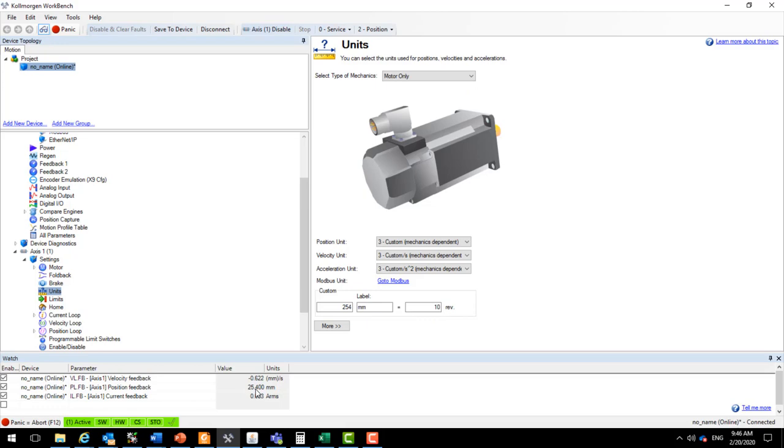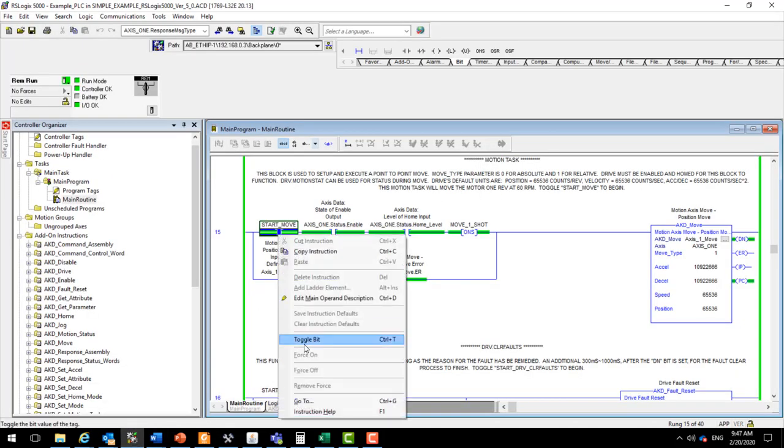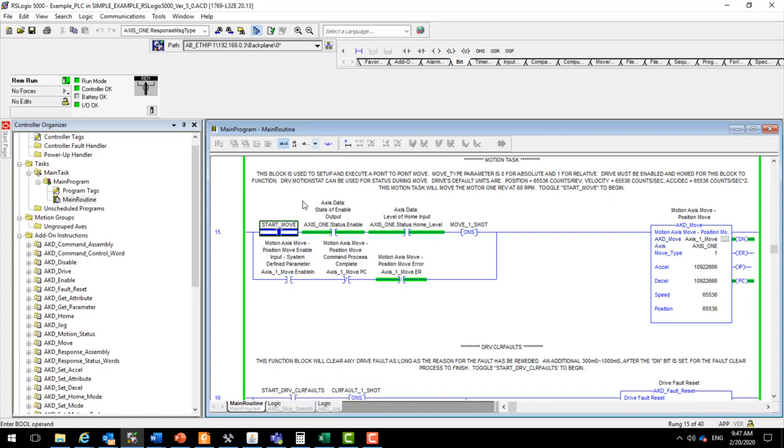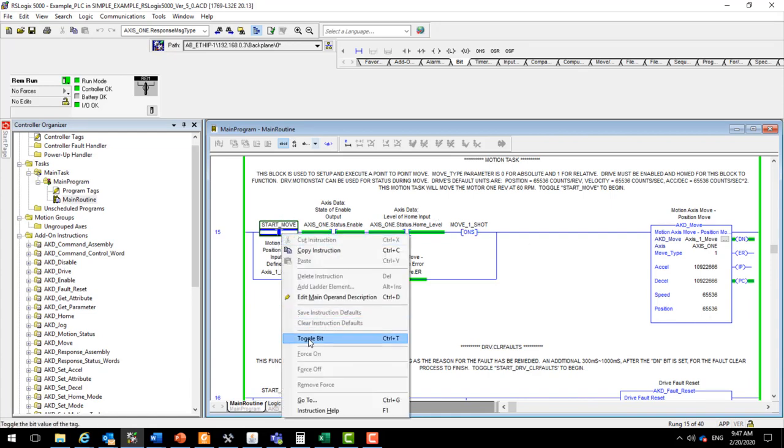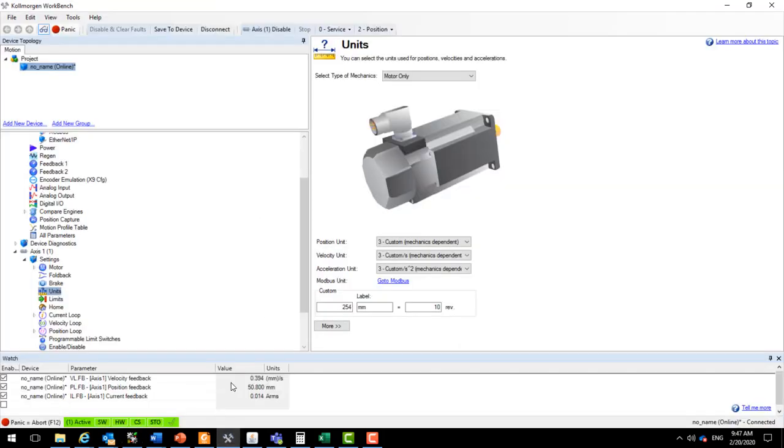So you can see, if I were to do another move with 65,536 Ethernet IP counts, in Workbench you can see that I'm doing multiples of 25.4 millimeters. In this case it's 50.8, which is 2 revs of the motor.